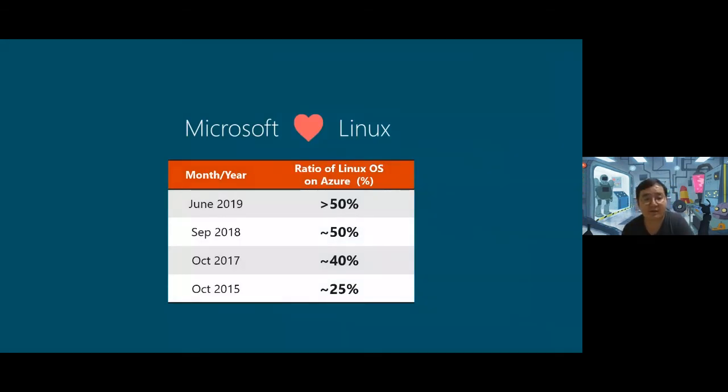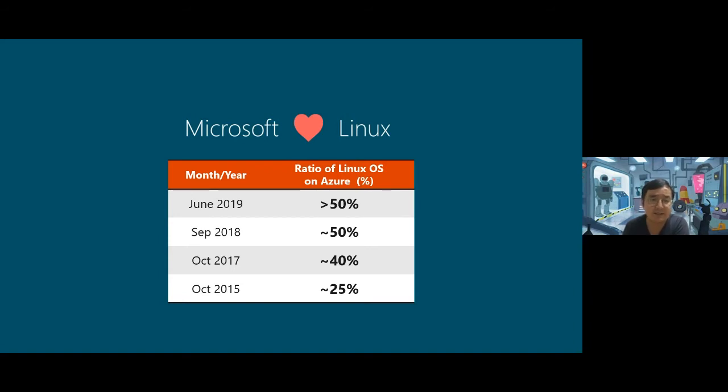This is the statistics for the recent few years. Still many people think that since Microsoft started to make cloud services like Azure publicly available, there are many Windows-based machines, Windows Server machines, but as time goes, it is now wrong.